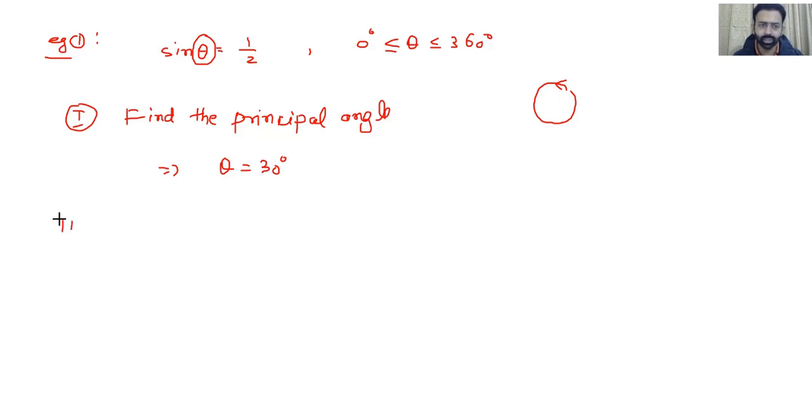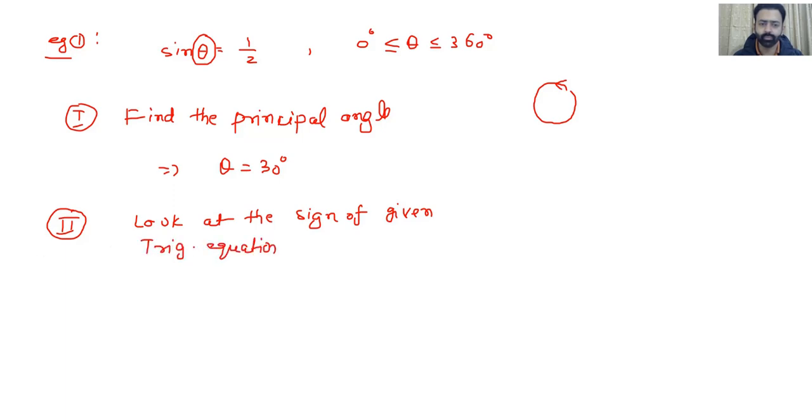Now, the second step in this case is look at the sign of the given trigonometric equation. Looking at the sign means checking if it is positive or negative.